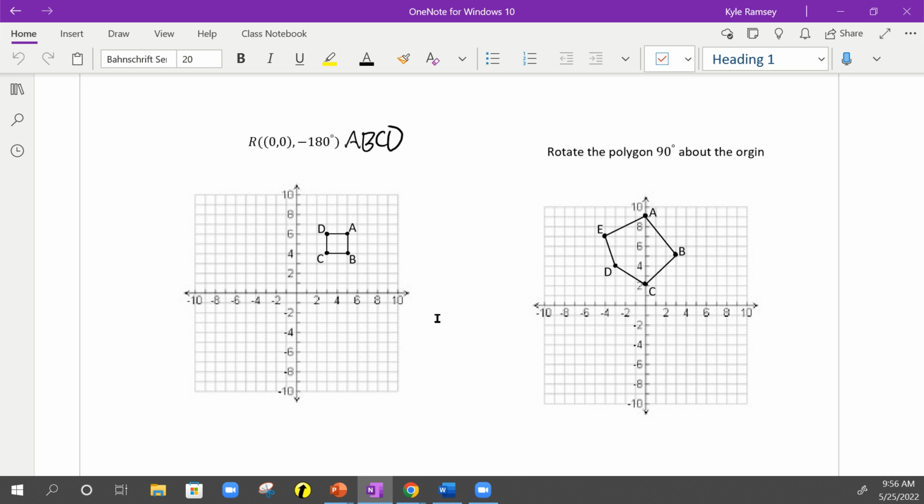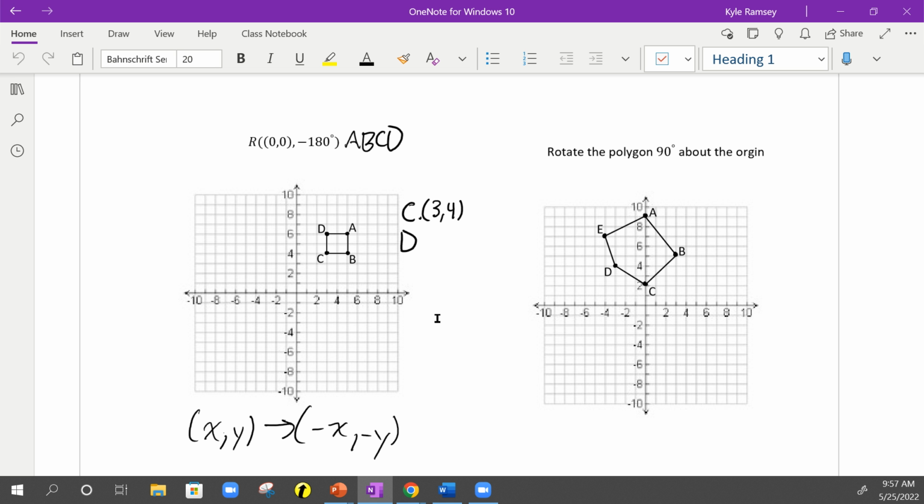If we're rotating about negative 180, that's the same as 180. They're both interchangeable. So all we need to do for x, y is take a negative x, negative y. That's all we need to do. Okay? So if we're looking at C, C is right now at 3, 4.